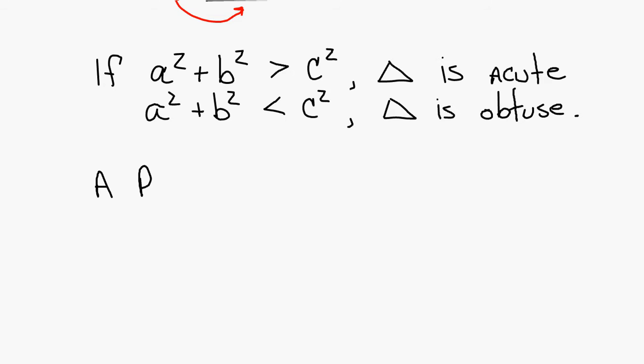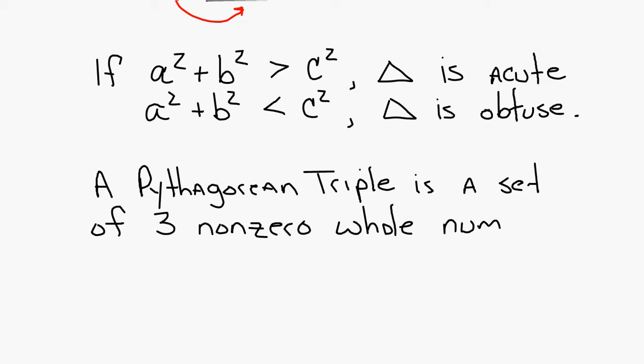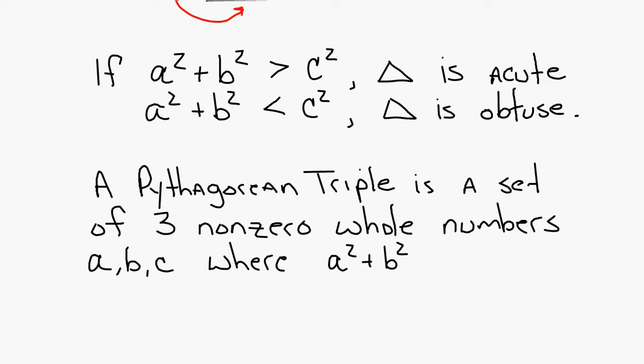A Pythagorean triple is a set of three non-zero whole numbers called a, b, and c, where a squared plus b squared equals c squared.